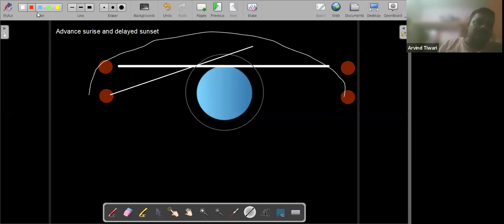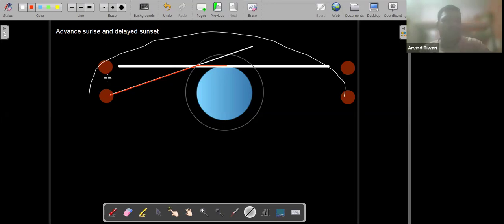But this sunlight, while reaching the Earth, has to pass through the Earth's atmosphere. And when it passes from vacuum to air, it has to bend. This ray of light bends towards the normal, and hence is able to reach our eyes. Got it? So see here, the sun is still below the horizon.